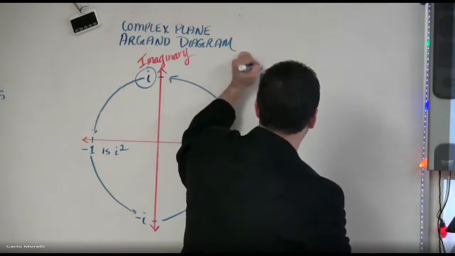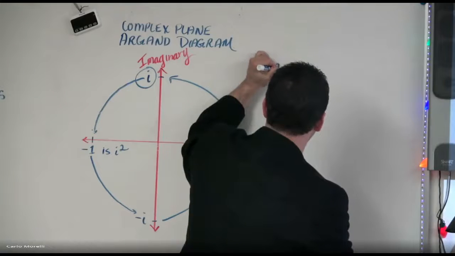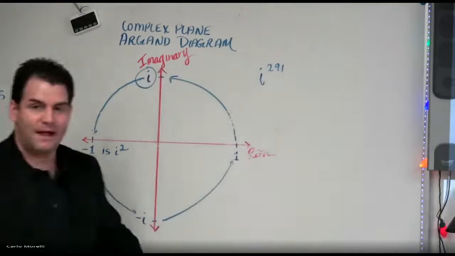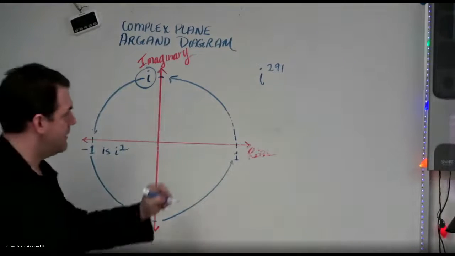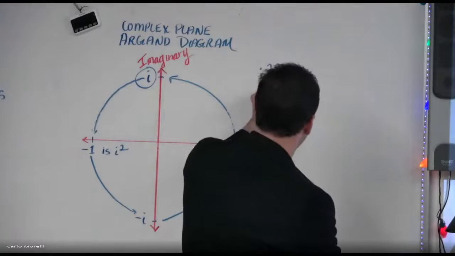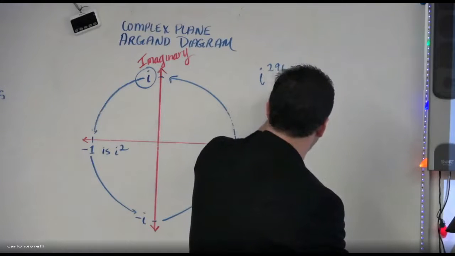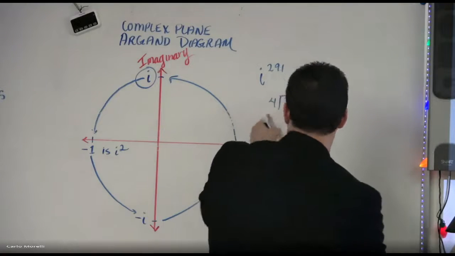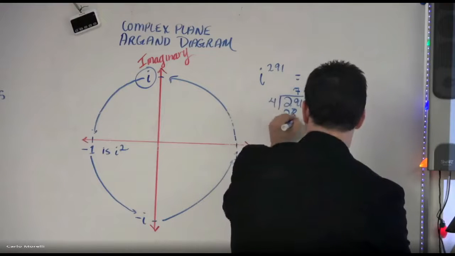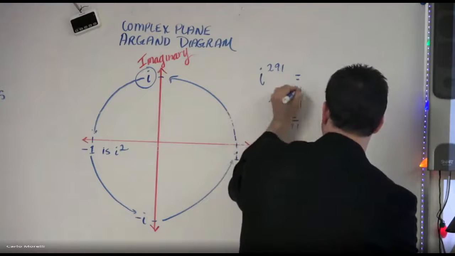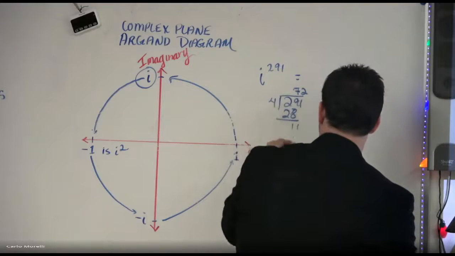So i to the 291. Can you imagine having to go 1, 2, 3, 4? Okay. So i to the 291st power, we just take 291 divided by 4. Let's see, 4 goes into 29 7 times. That gives me 28. Here's 1, 11. 4 goes into 11 2 times. 2 times 4 is 8.